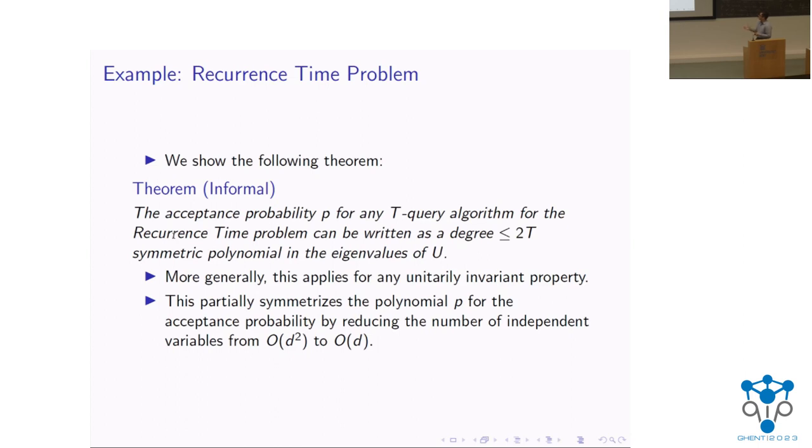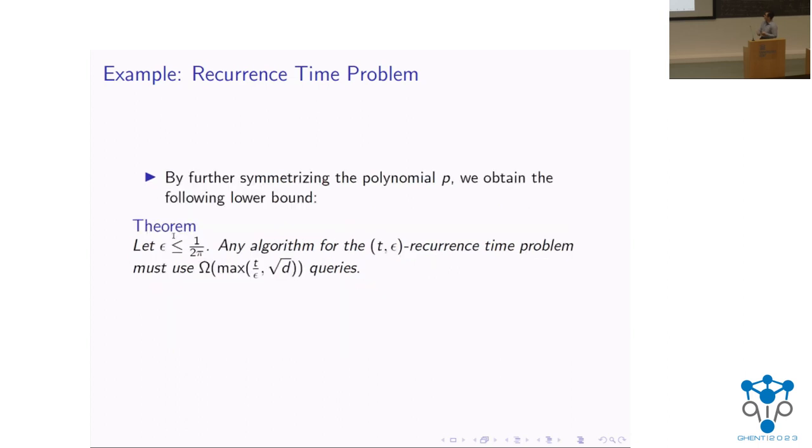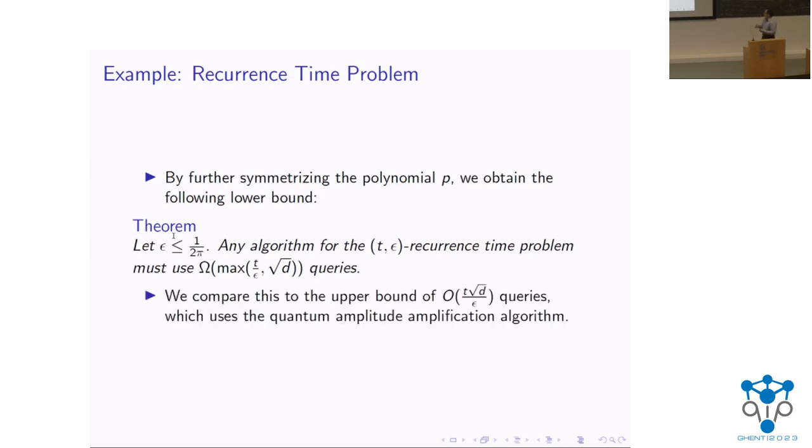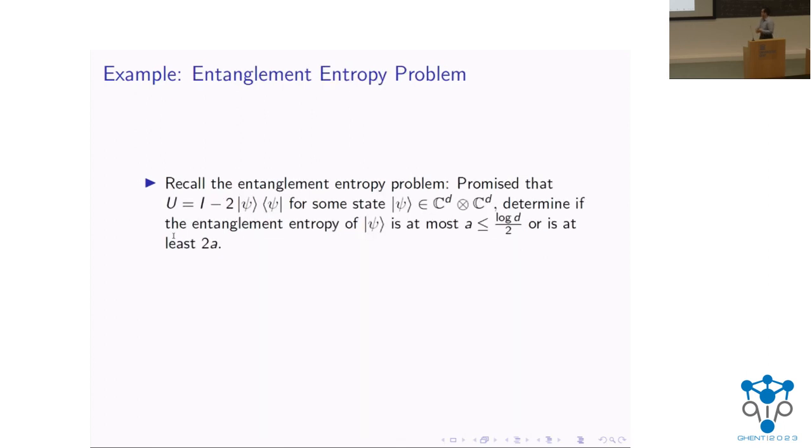And this, of course, holds for any property that is invariant under unitary action. Using this technique, we can find a lower bound for the recurrence time problem. It's given here. I will contrast this with the upper bound, which looks similar, but of course the two terms are multiplied instead of taking the max of them.